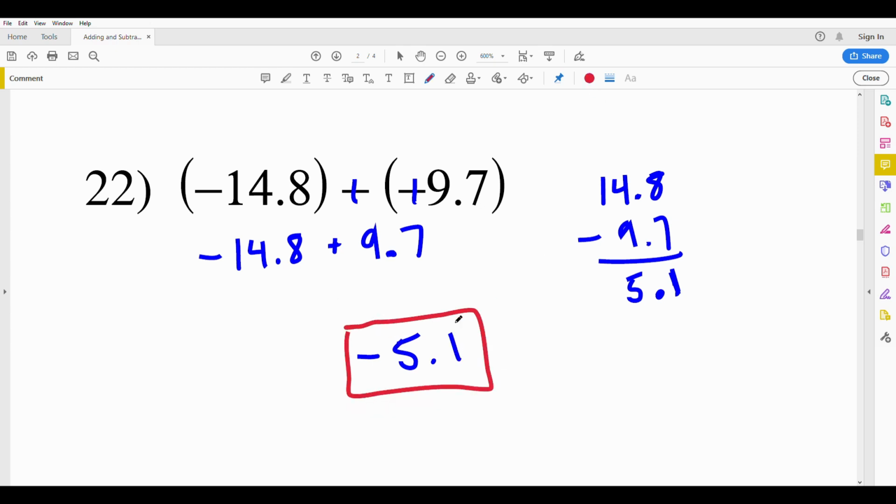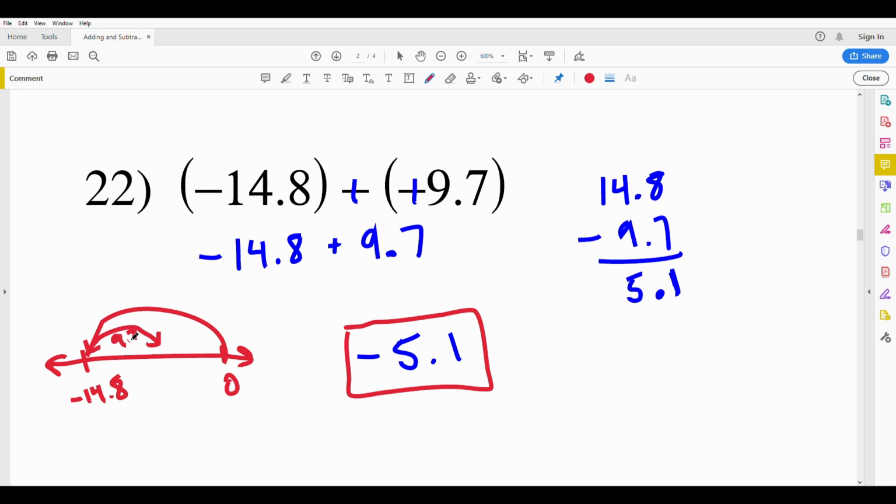And quickly, I'll draw the number line one last time, but feel free to draw it if necessary. We're starting at a negative 14.8. 0 is all the way over here. We know the distance this way is a negative 14.8, but we need to go this way a positive 9.7.